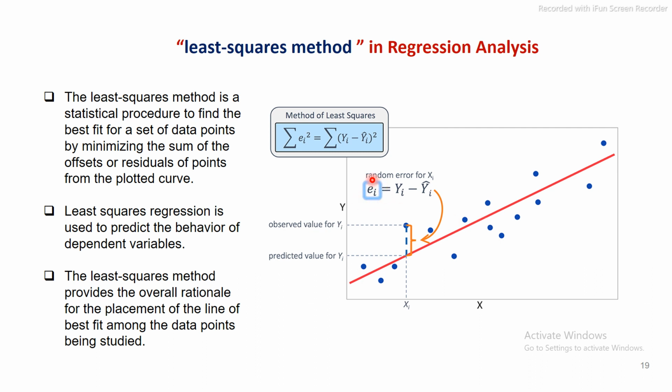So the error which I have introduced, the error term: y1 is the observed value and y cap is the predicted value. The error part, ei, if you square it up, gives you the least squares method.